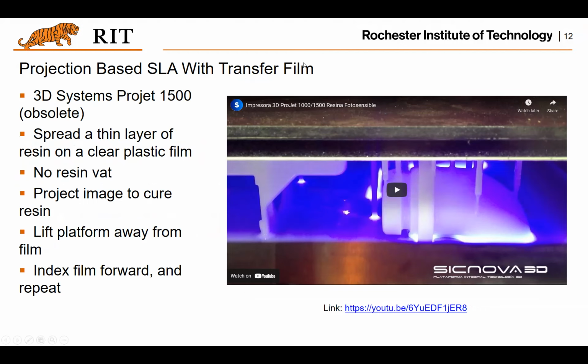So there's another variation of stereolithography that is without a tank.